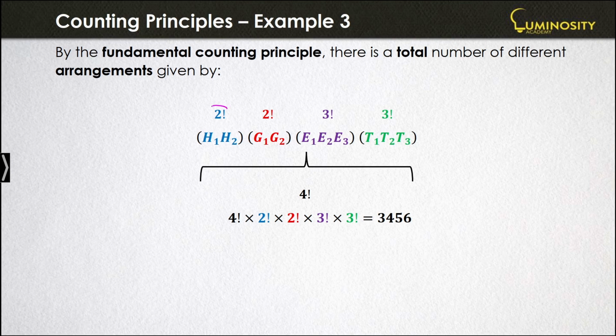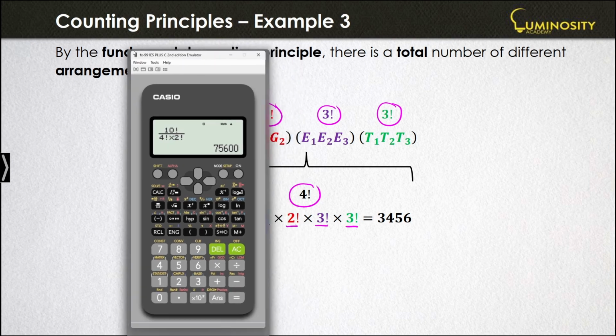There are these 2 factorial, 2 factorial, 3 factorial, and 3 factorial arrangements within each object, the sub-objects, and all 4 main objects can also be arranged in 4 factorial ways. So there are 4 factorial times 2 factorial times 2 factorial times 3 factorial times 3 factorial. Let's bring up our calculator and check what that gives us.